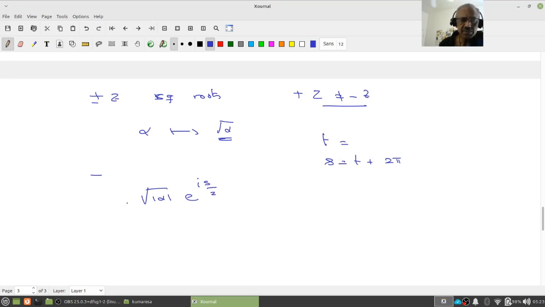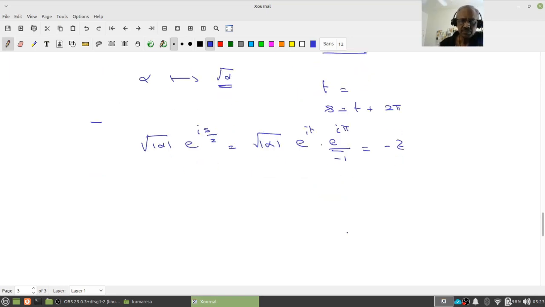What is this? This is square root of mod alpha e power i t by 2 times e power i pi, which is minus 1. Therefore it's minus z.